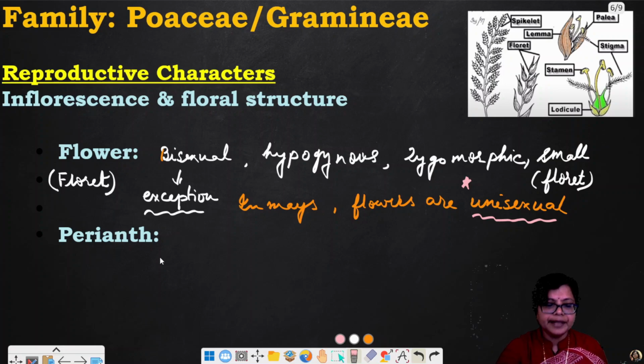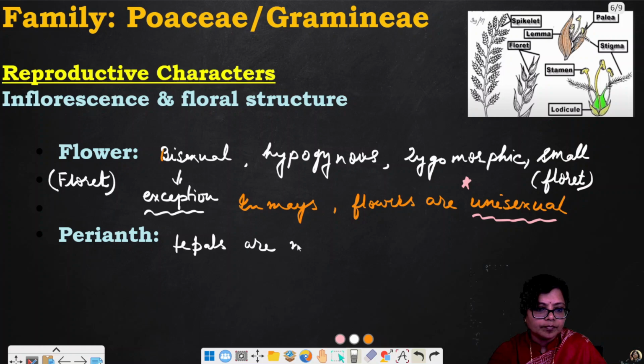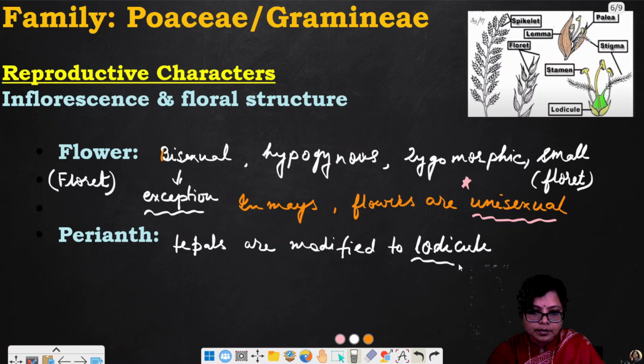We have learned perianth, just now what have we learned? Perianth, that is tepals are modified to lodicule. It is scale-like.